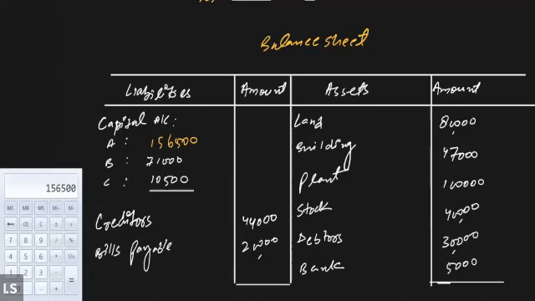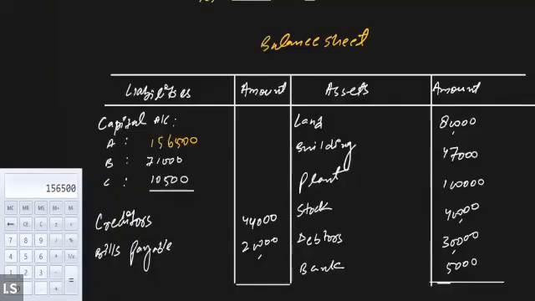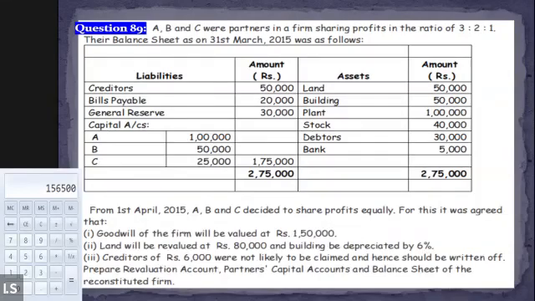And then there is bills payable as well. Bills payable have remained unchanged at 20,000. So I have taken the same value in the new balance sheet as well, 20,000. Got it, everyone? Yes, sir. Okay, so I guess I have written everything. I don't think we need to do any other adjustment.